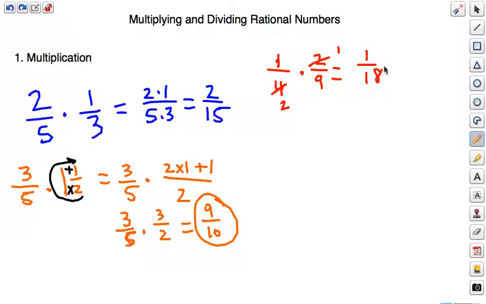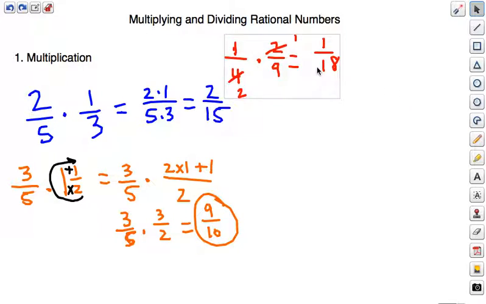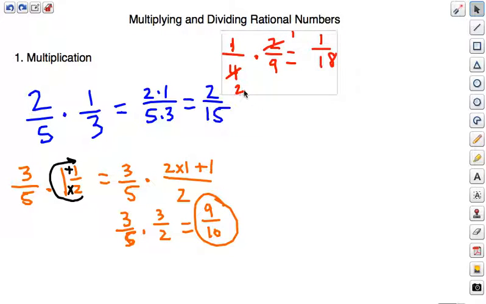Okay, if you find that confusing, let's go ahead and look at it the other way, just because you don't have to do it that way. You don't have to reduce that 2 and the 4. You could just leave it the way it was. So let's say we have 1/4 times 2/9.